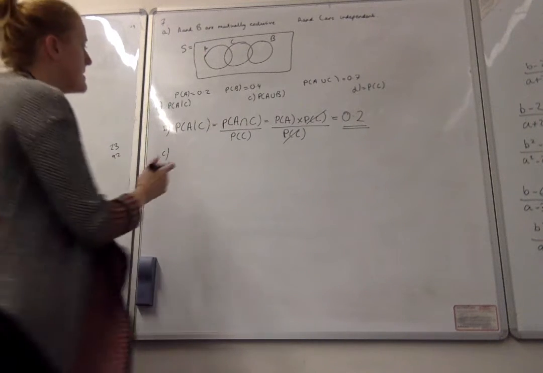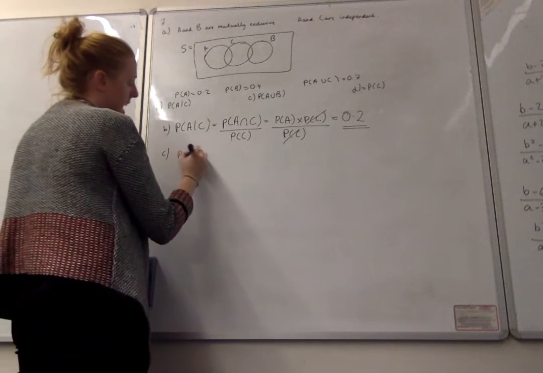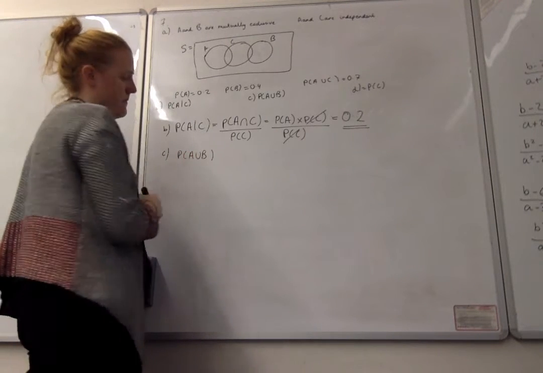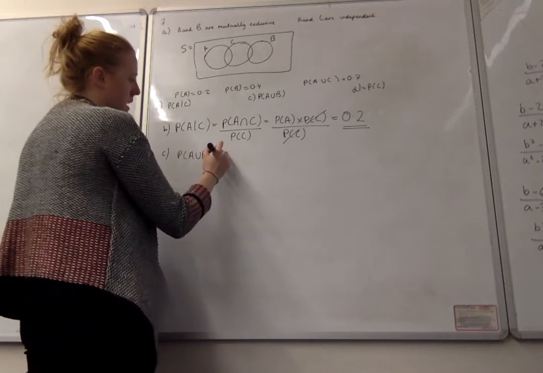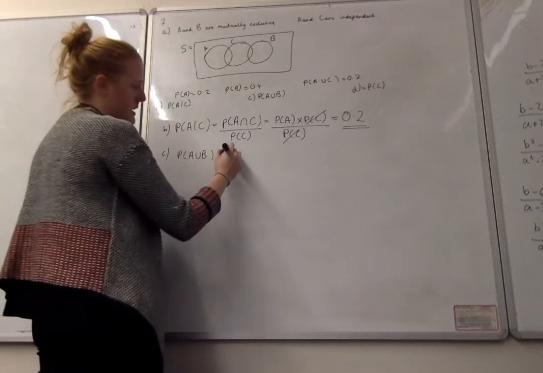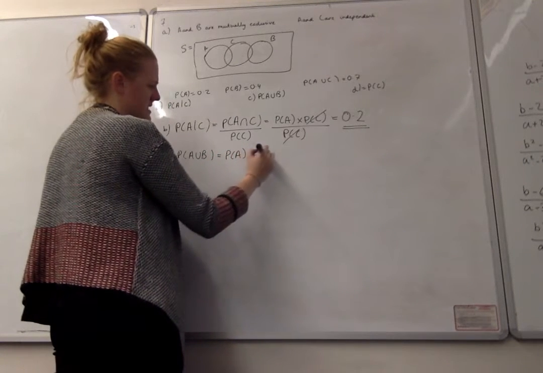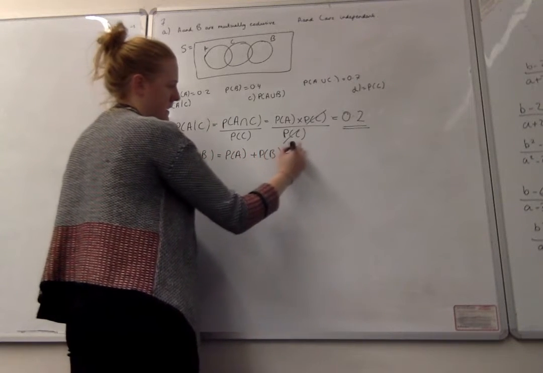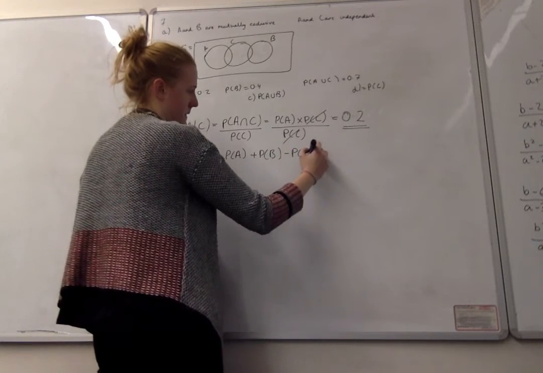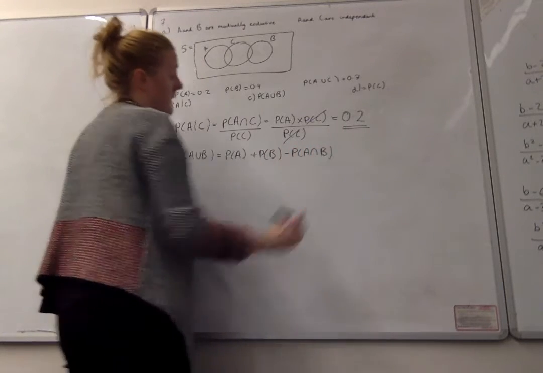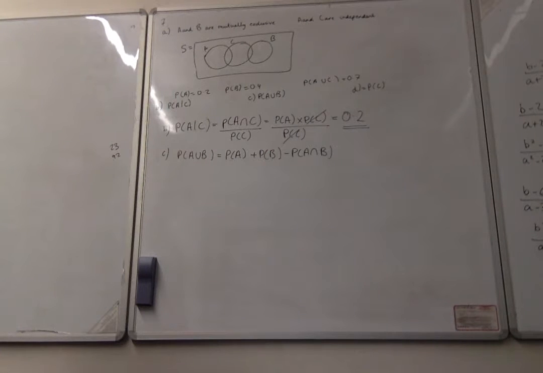Part C asked me to find the probability of A or B. Okay? So I can apply this into the formula that I know and see where I'm at. Okay? So I've got most of the information here.